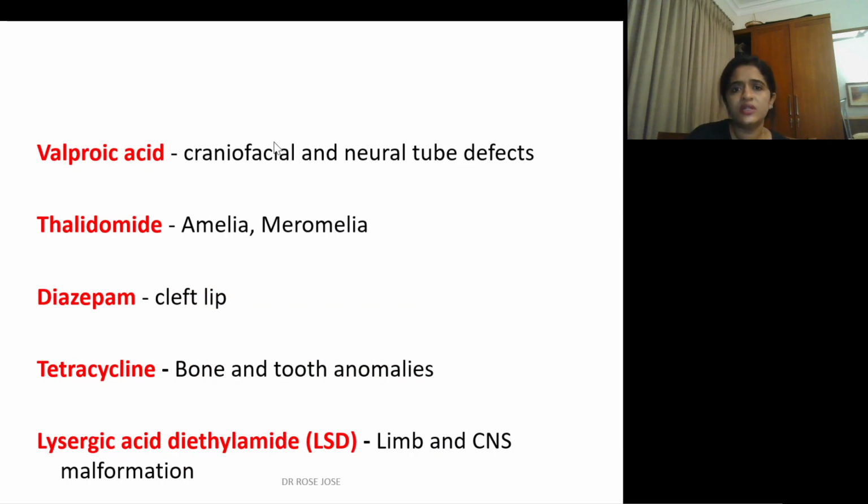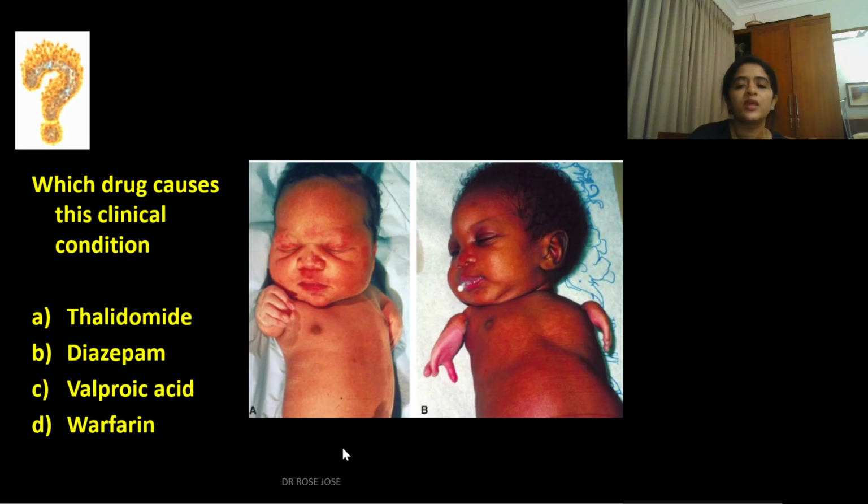Valproic acid will result in craniofacial and neural tube defects. Thalidomide will result in amelia or meromelia. Diazepam results in cleft lip. Tetracycline will result in bone and tooth anomalies. LSD, lysergic acid diethylamide, will result in limb and CNS malformation.